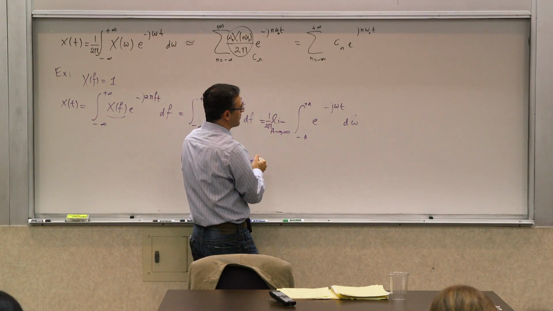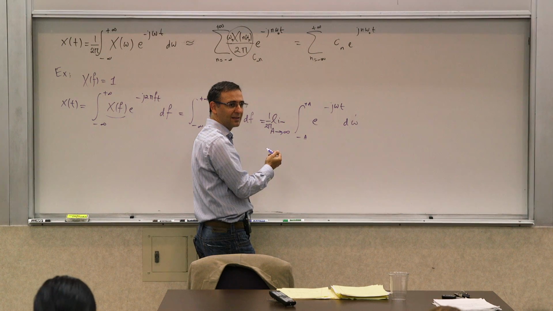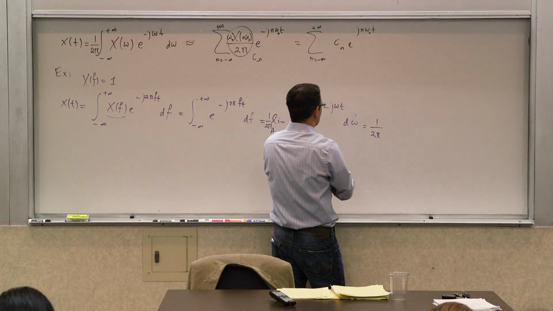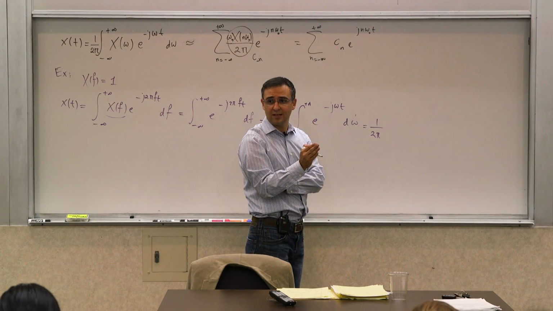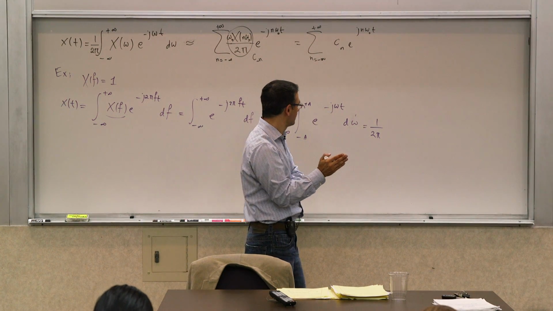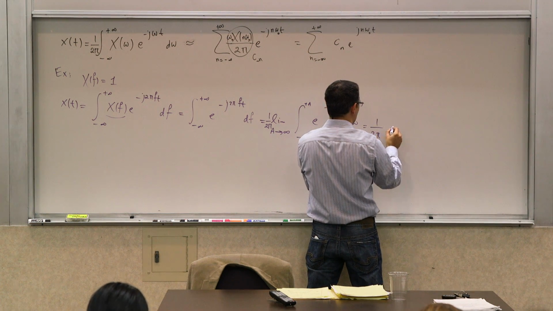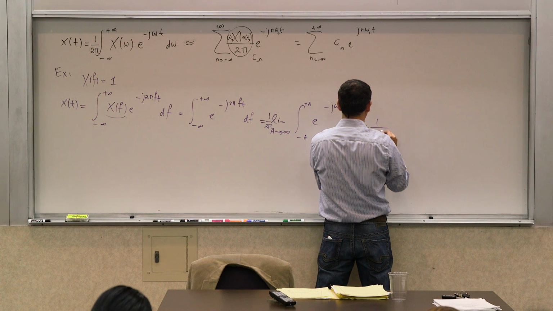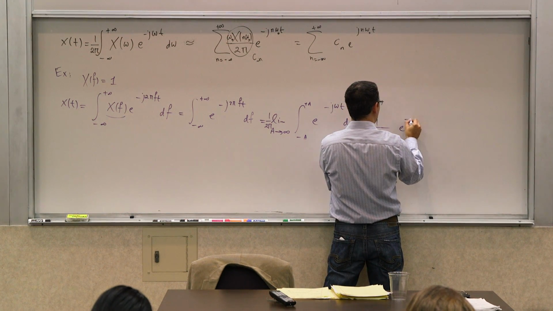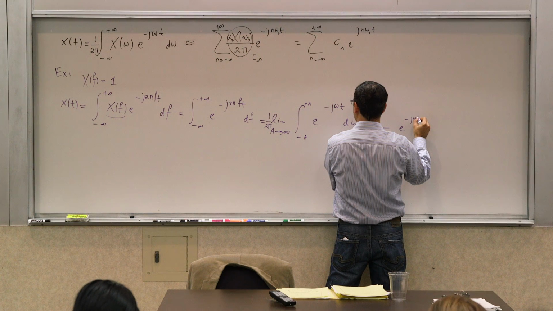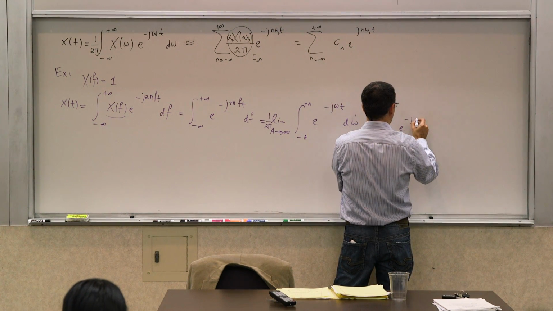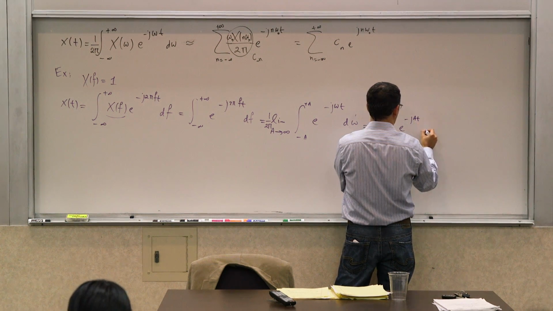So what is this integral? Can we calculate it? This should not be that difficult. You get the 1 over 2 pi, and now you get negative 1 over jt, so negative jt, and then you have e to the negative j a t minus e to the j a t.